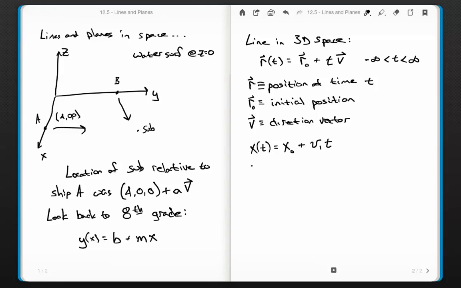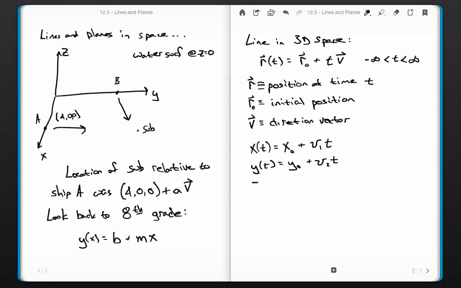So then I think of y of t equals the initial y plus, now which component here do you think will control the y position? Sure, it'll be v2 t.